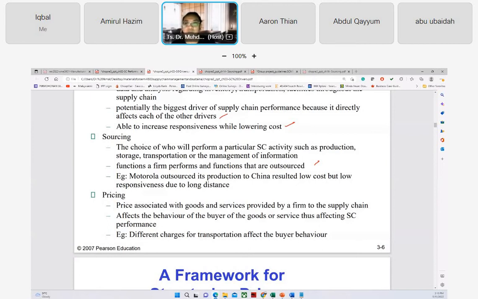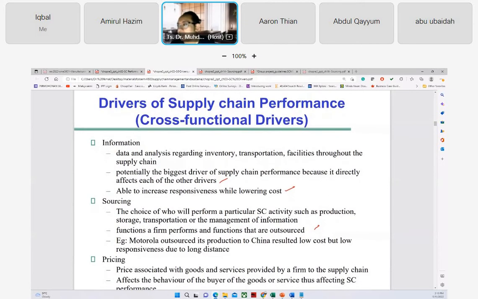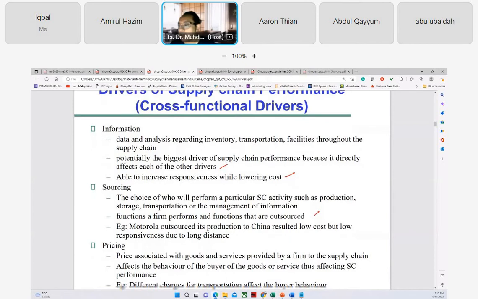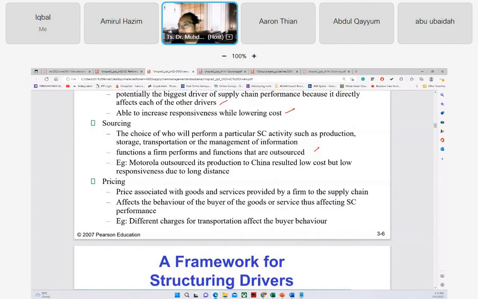Are you going to do it in-house, or maybe you are going to do outsourcing? It depends. So sourcing also plays a role in affecting supply chain performance. For example, Motorola outsourced its production to China, resulting in low cost but low responsiveness due to long distance. So that's the thing.